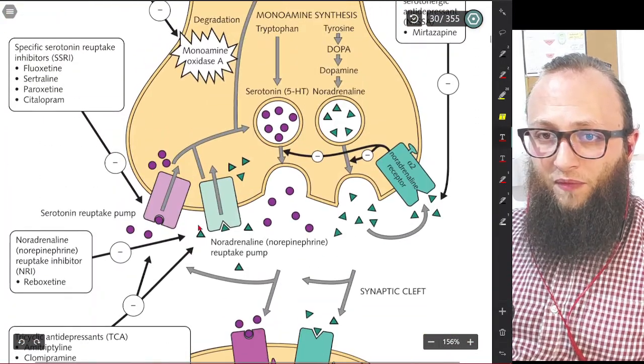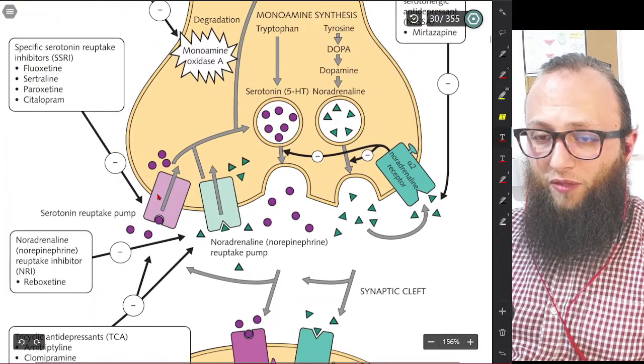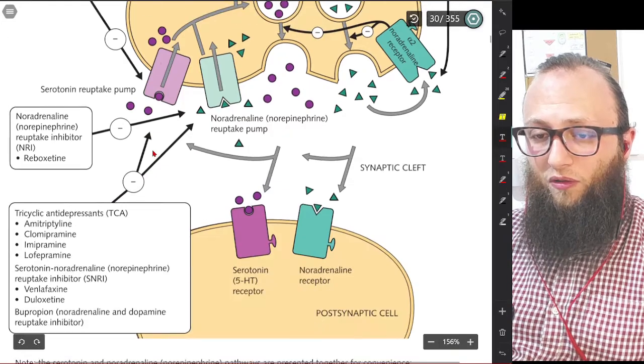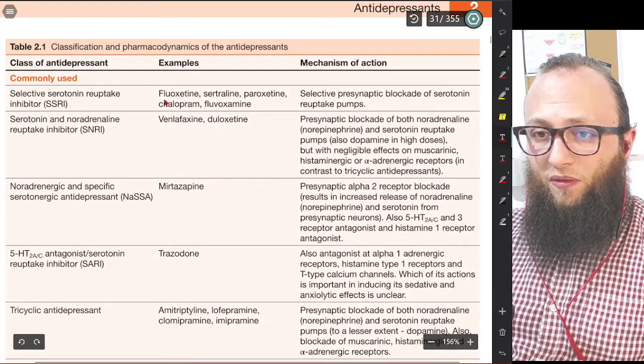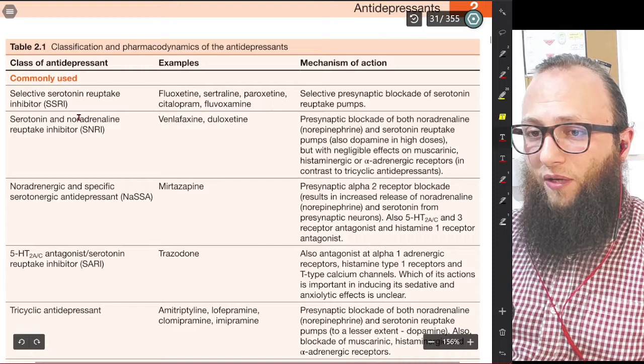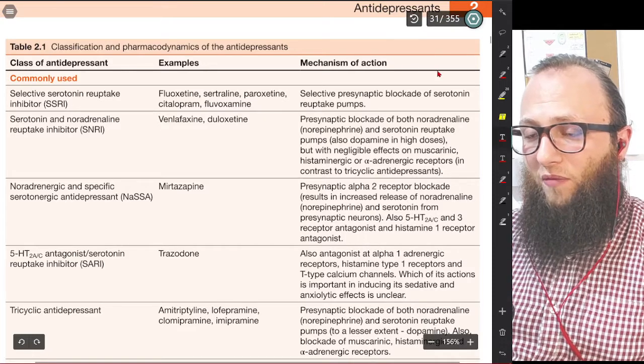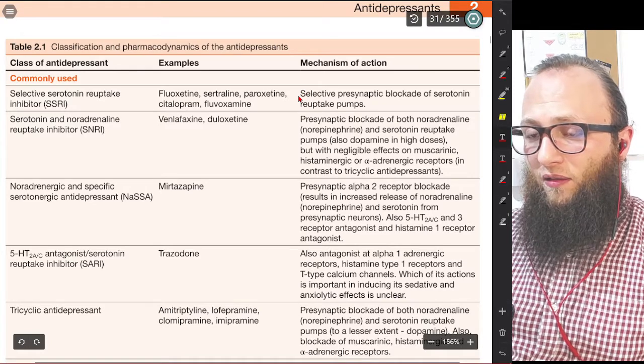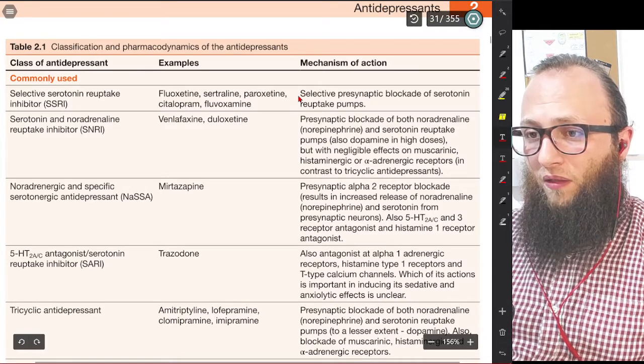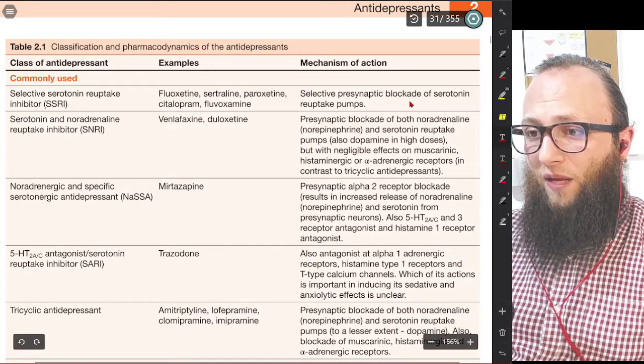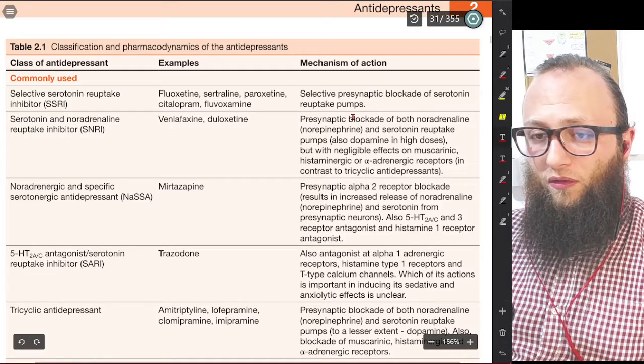They inhibit the serotonin reuptake pump or the serotonin transporter. Some examples are fluoxetine, sertraline, paroxetine, citalopram, and fluvoxamine. And the mechanism of action is selective presynaptic blockage of serotonin reuptake pumps.